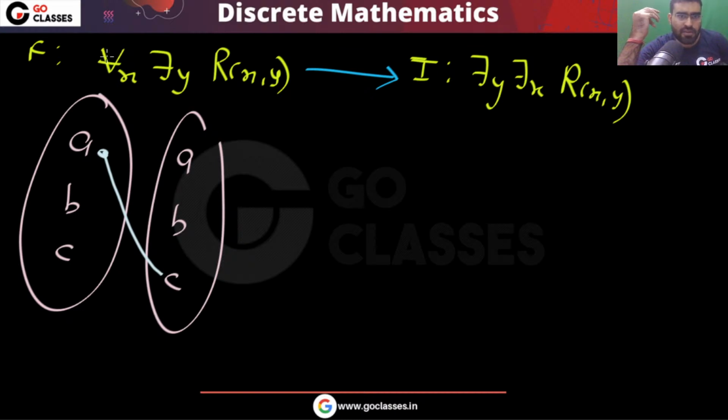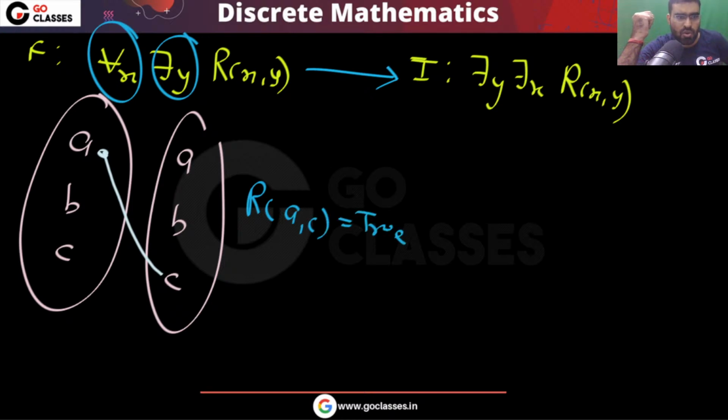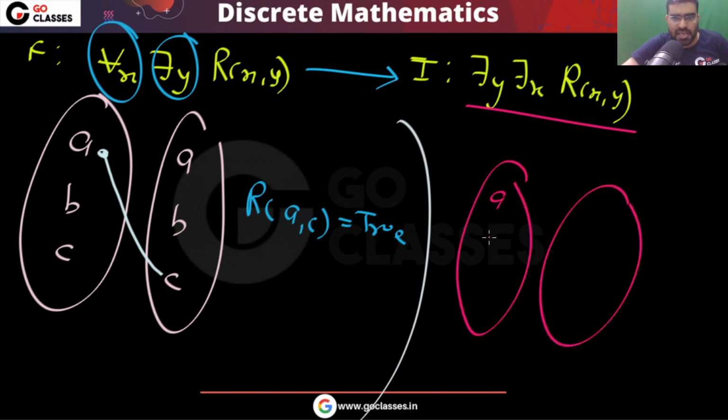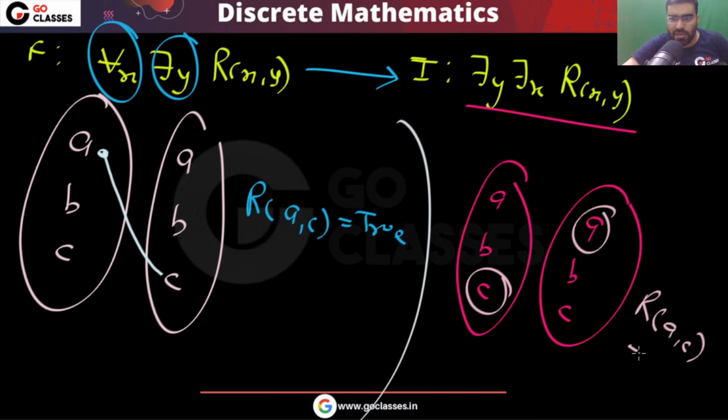Automatically for everyone there is some y such that RAC is true. This is enough to make it true, because now you can take this C and this A, and you can notice that AC will be true. So clearly this is valid. This is always valid.